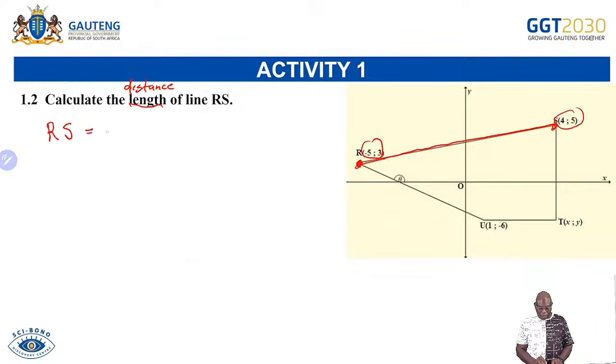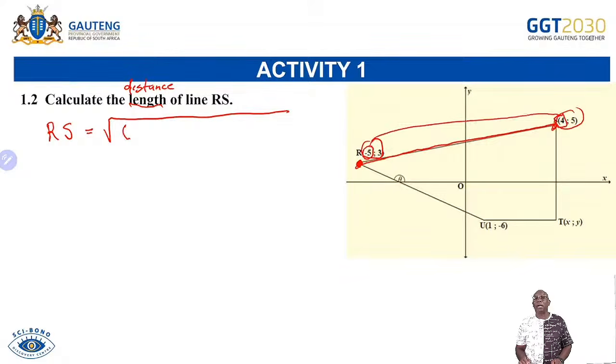So remember, D equals to. I can first write down the equation to show the markers that I know what I'm doing. You can write the distance formula and say D equals the square root of. So here I'm going to write RS equals the square root of. If I start with the X on the R, I must also start with the X on the S. So I'll say minus 5 minus 4 squared.